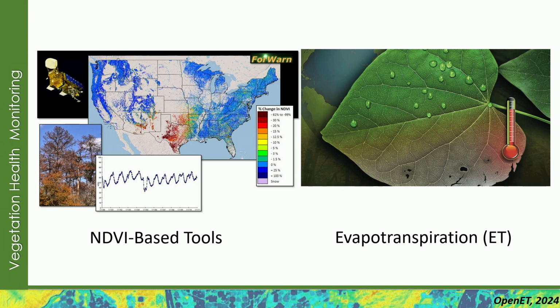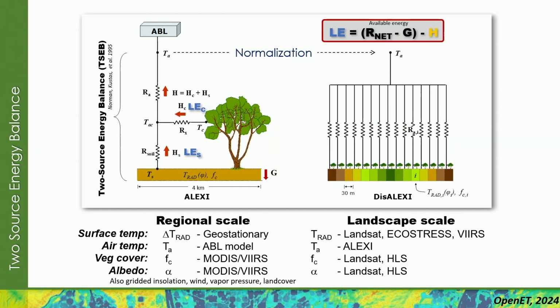Well, we all know in OpenET we have 6 different models, and a lot of these models rely on the land surface temperature, using the energy balance method to estimate evapotranspiration. So here I'm using the ALEXI and DisALEXI model as an example to show you how we use this energy balance method to estimate evapotranspiration. This is also the model that I'm most familiar with.